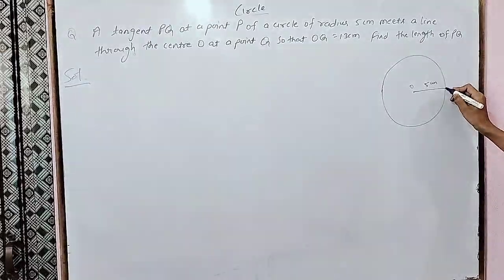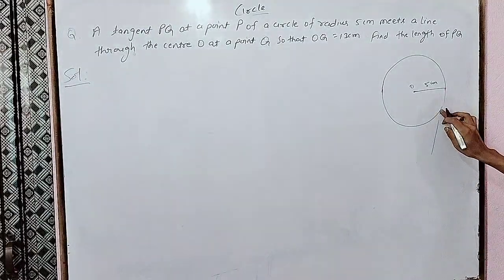So PQ is a line which is a tangent, which will touch the circumference of the circle. This is point P. So here OQ will become 13 centimeter.